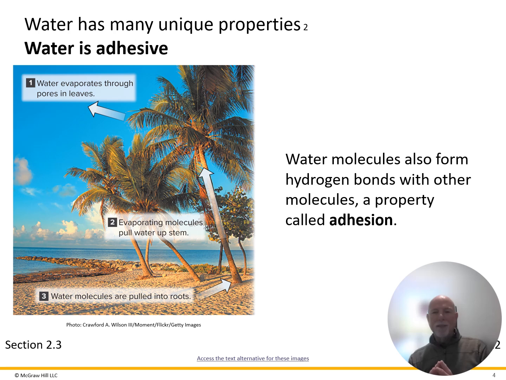Now think about this. We've talked about those structures inside of plants that transport materials. There's no pump inside of plants to pump water from the roots in the soil to a sequoia tree that's 280 feet tall.